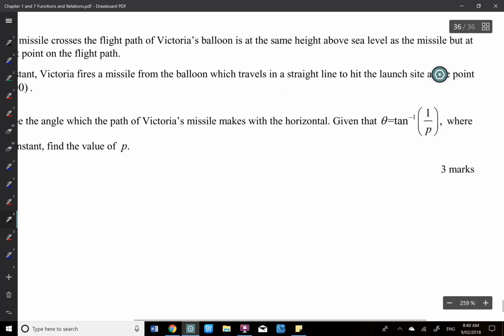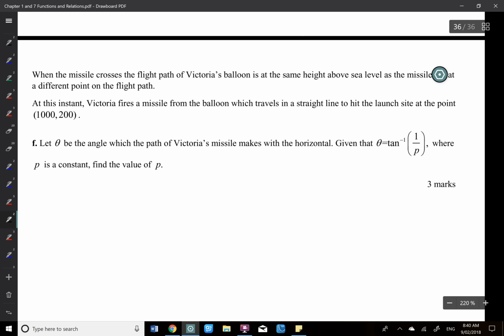And the next thing it says, let theta be the angle Victoria's path makes with the horizontal. Given theta equals tangent inverse 1 over p, where p is a constant. Find the value of p. So when you see theta equals tangent inverse, what do you need to think about? That's related to what?